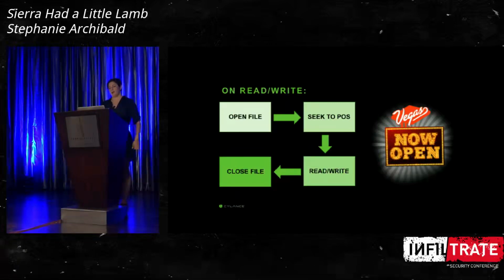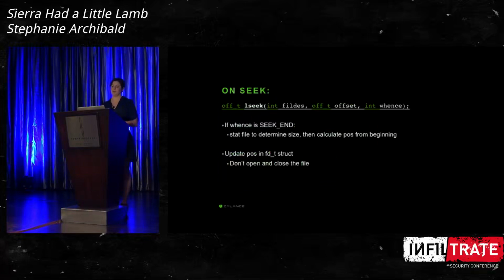So at that point, on a read or write, you'd open the file, then seek to the position that we have stored, perform our operation, and then close the file. We have to update our position then, and we also have to handle seeking, yeah? The way that I handled seeking was just to update the position variable inside my struct.